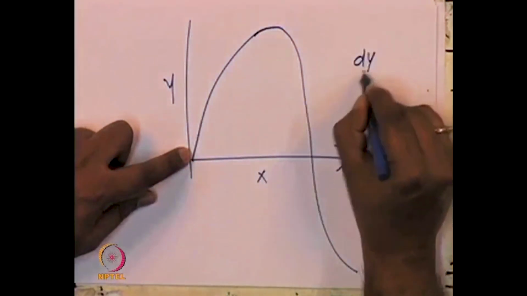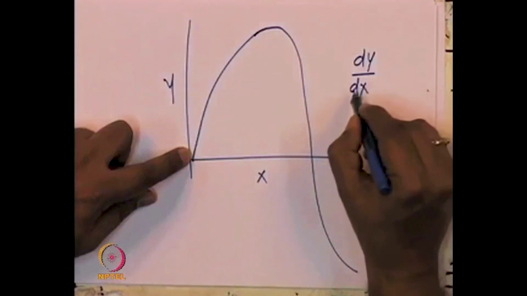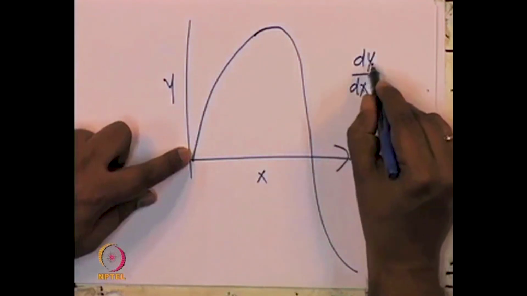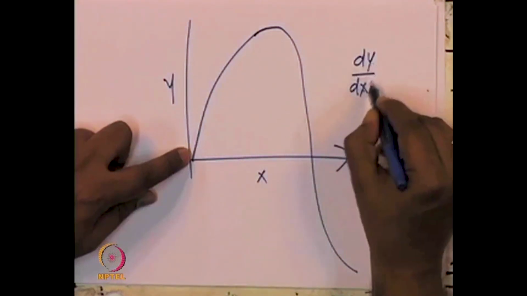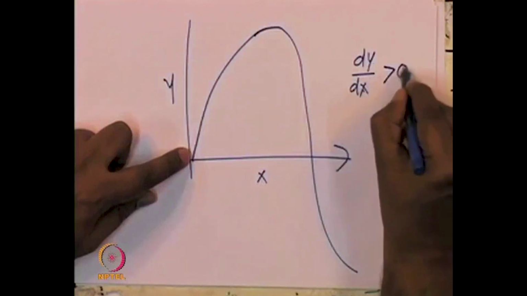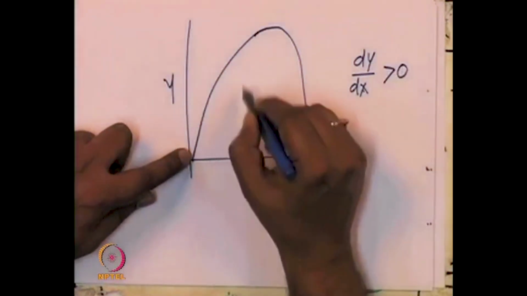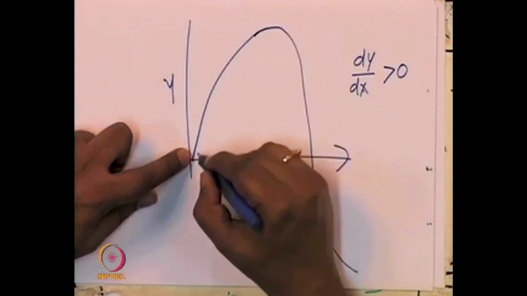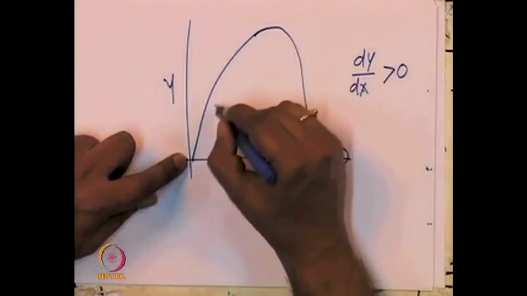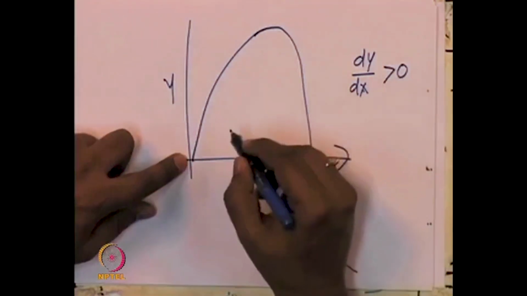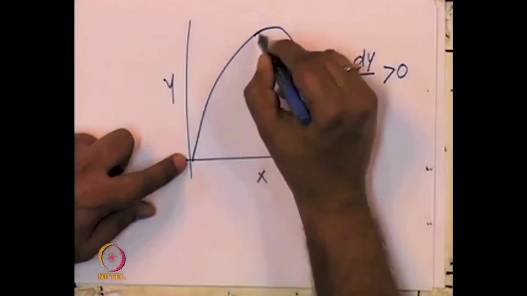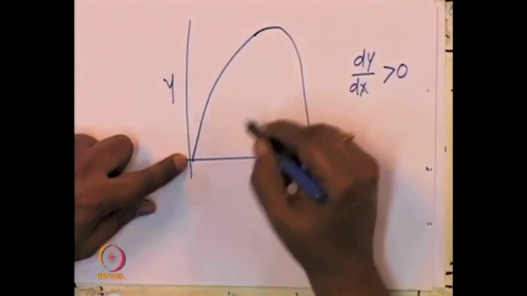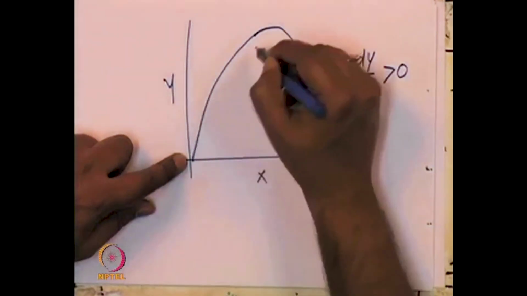So, dy by dx, as x changes, does the y change or not? If y also increases as x changes, dy dx is greater than 0, positive. That means there is a positive slope, the slope is greater than 0.